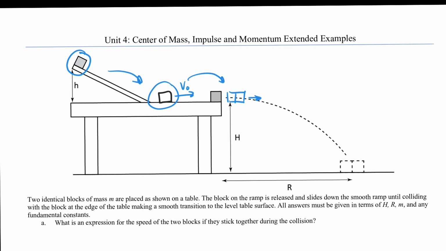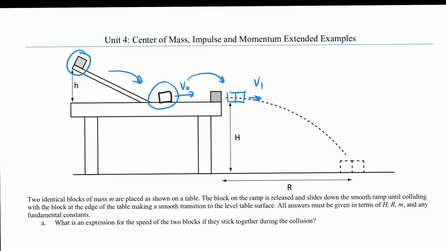If I want to make a prediction of what's going to happen, this velocity will help us establish the momentum of the box just before the collision. And I know after the collision, the boxes will likely have a different velocity. These are just variables I'm creating in service of the problem, and I haven't even read what the question asks yet. I'm just laying out my ideas for what this problem is about.